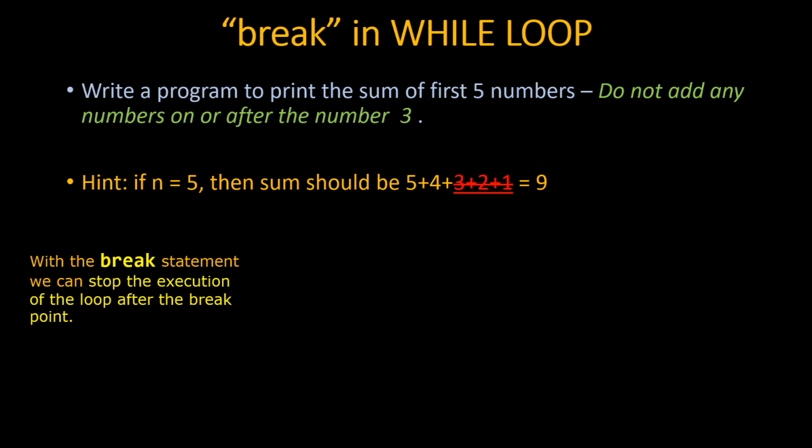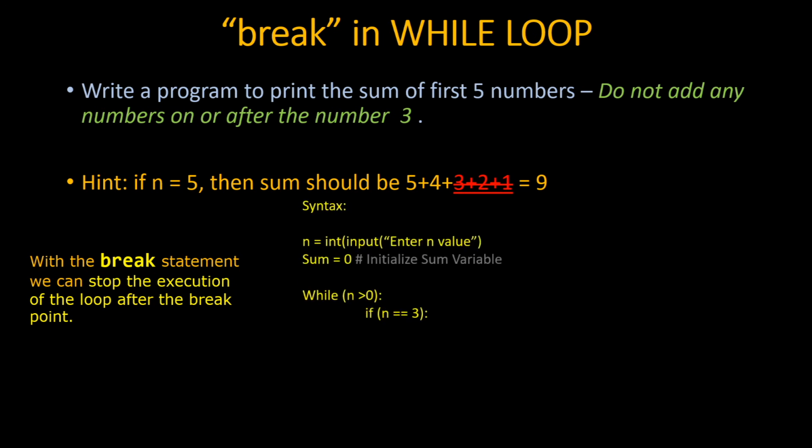Once we have understood the concept of break in while loop, let's take a look at the syntax for our example. First we have to capture the number, right? So for capturing the number, I have an input command, then I have initialized the variable sum to 0, and then I have the while loop expression, then I have the if construct, which says if n is equal to 3, break.